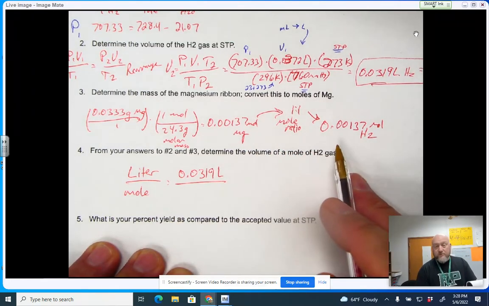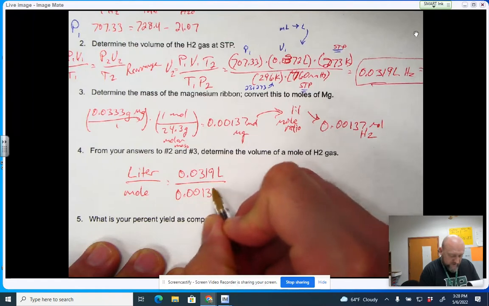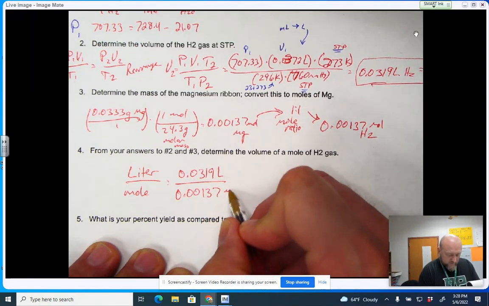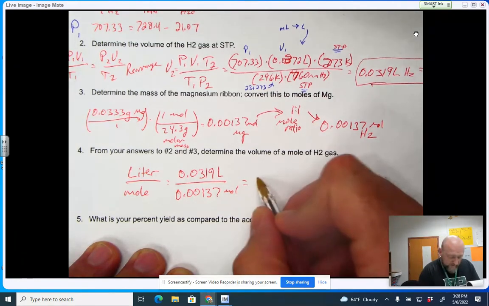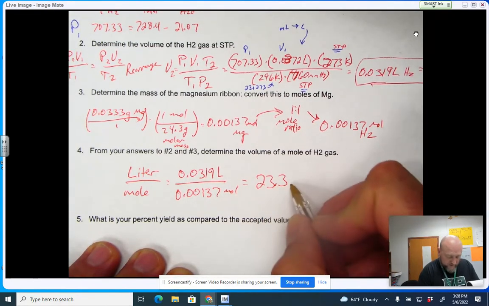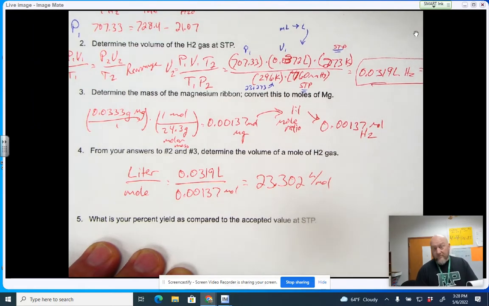And the number of moles we have, we just determined that in question number 3. 0.00137 moles. Now we do the math. We go ahead and divide these out. When we divide these out, we end up with 23.302 liters per mole. Not bad.